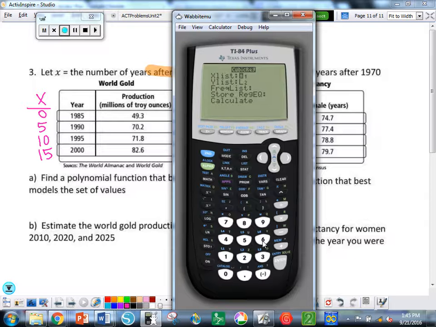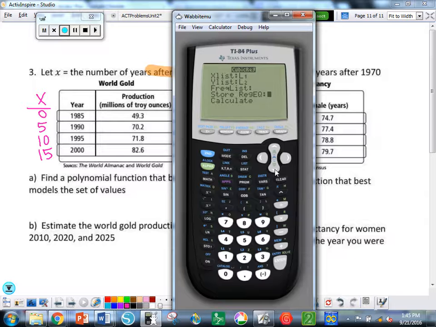Okay, so I have this point right here, and now I'll walk through. Okay, some of yours just has cubic regression. It doesn't have L1, L2, anything. It just has cubic regression.